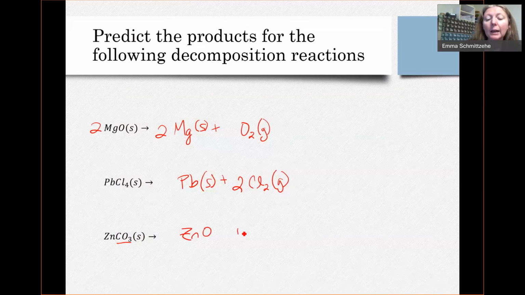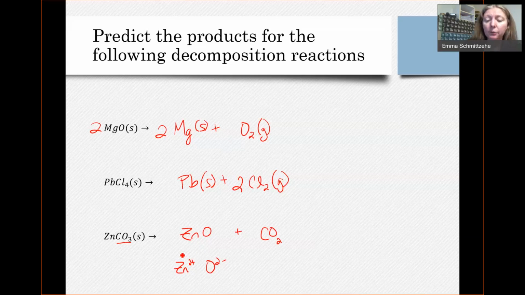Now with that, you've got to be a little bit careful because the metal oxide is not necessarily 1-to-1. In this case it is, because when zinc is an ion, it's Zn2+ and oxygen's O2-. So those do combine 1-to-1. But if that was forming some other charge, then it wouldn't.